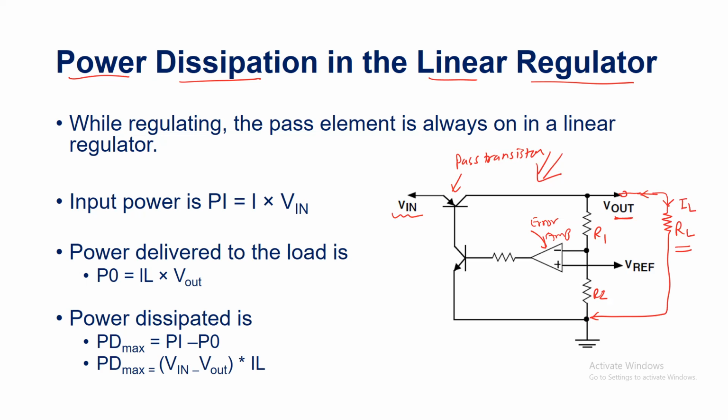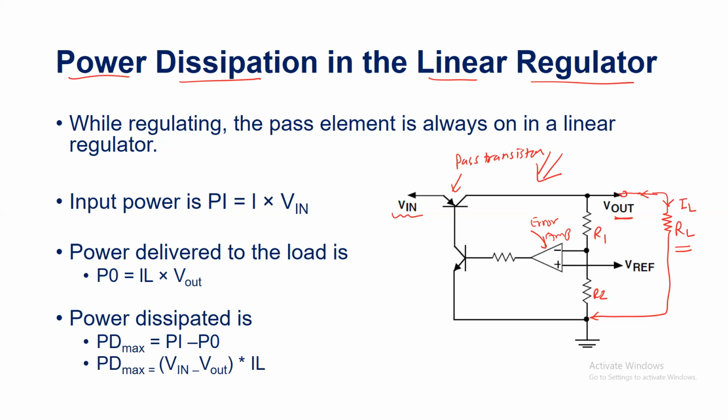But now the focus here is to understand where the power dissipation is happening. Linear regulators are known for their maximum power dissipation as compared to their counterparts such as switching regulators, or switchers. Switching regulators are not our focus in this particular module. We are talking about the linear regulator.